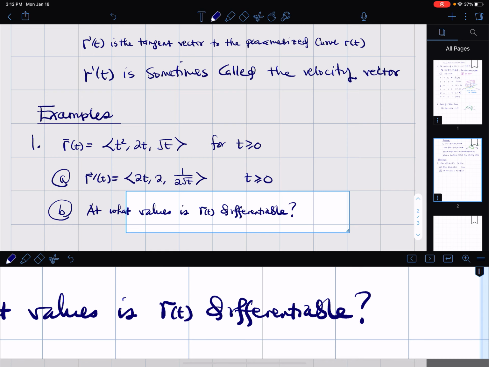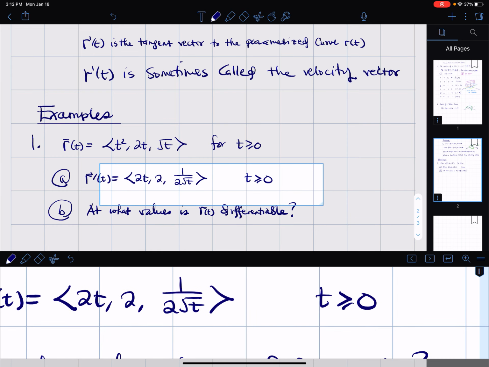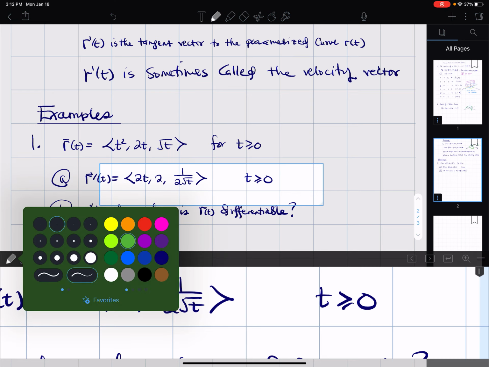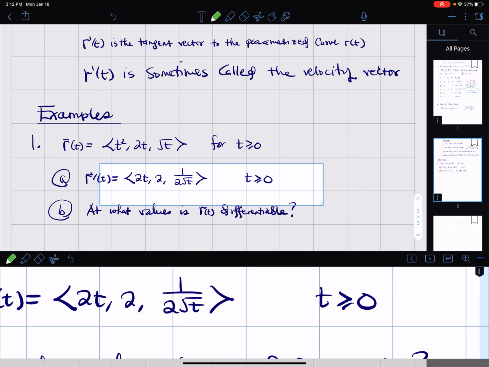You can see that we can only find the derivative for the values of t for which we can evaluate each of the component functions. For 2t, we can find the value for any t at all.